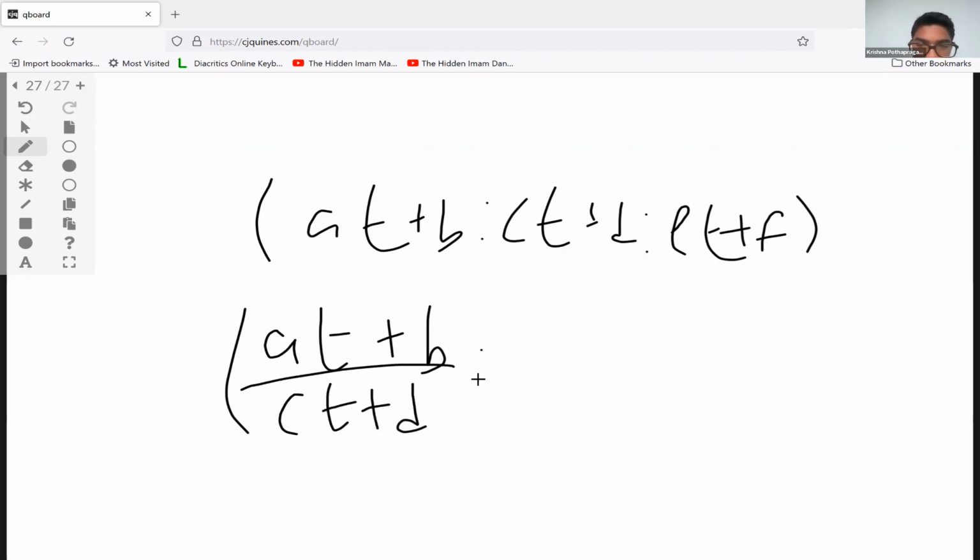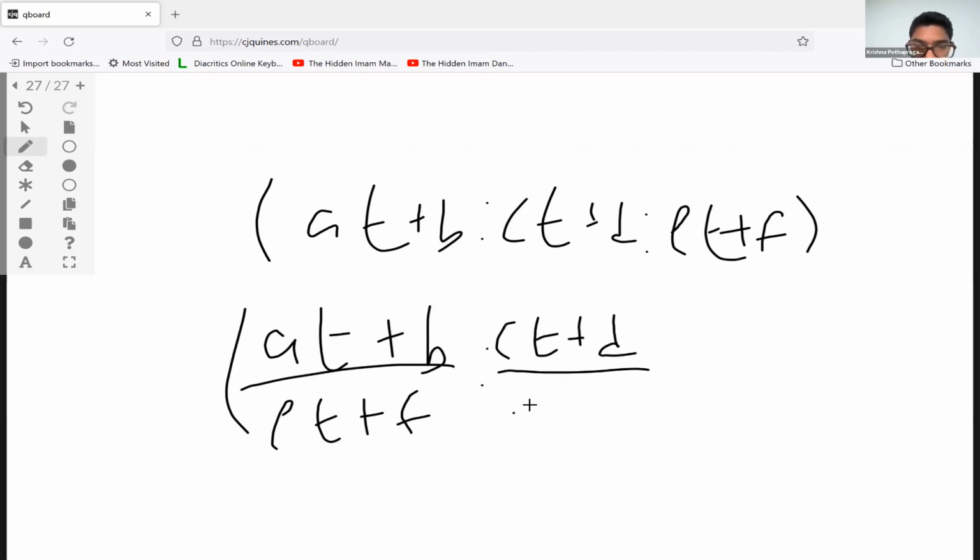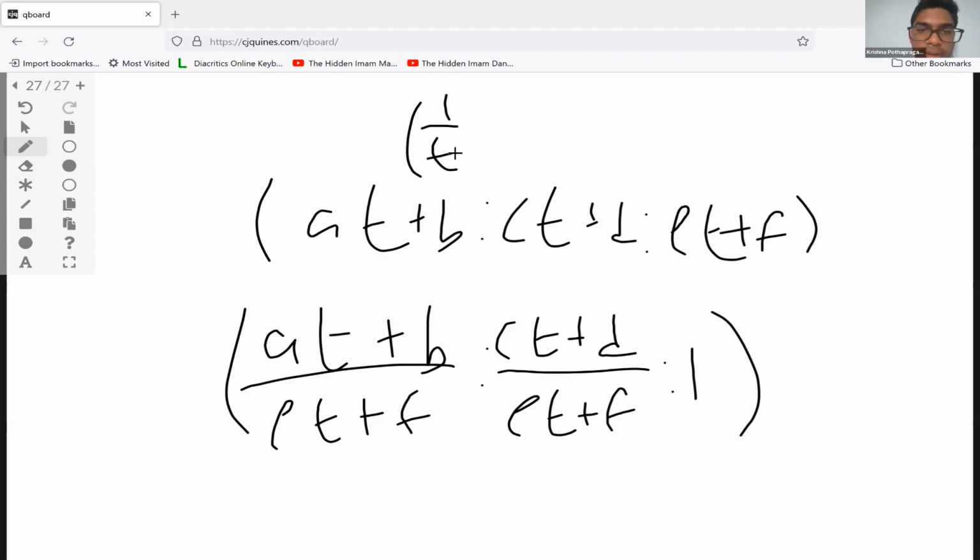Okay, I'll rewrite this like this. So this is also degree 1, but this is not linear movement as we would typically expect.